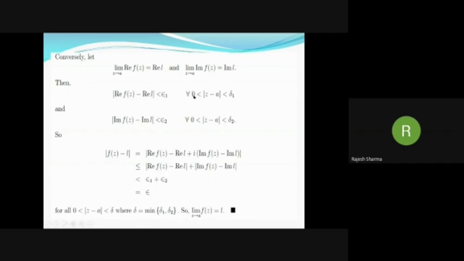This holds for all 0 strictly less than mod z minus a strictly less than delta 1. Similarly, from the second, for every epsilon 2 greater than 0, we can find a corresponding delta 2 greater than 0 such that the modulus of the imaginary part of f(z) minus the imaginary part of L is less than epsilon 2 for all 0 less than mod z minus a less than delta 2.